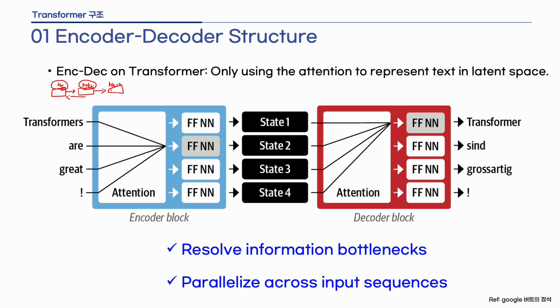So people tried to use only attention mechanisms to encode text. So the encoder-decoder model based on the transformer was proposed in 2017. This structure only uses attention to represent text in latent space.